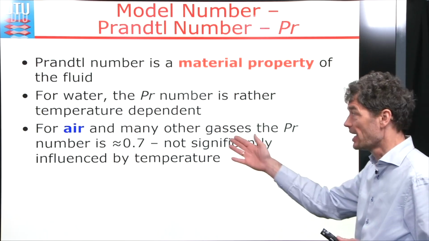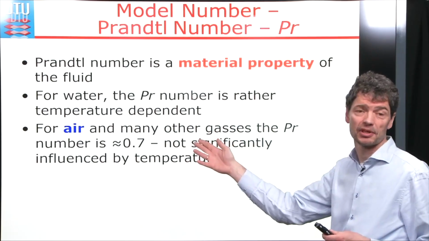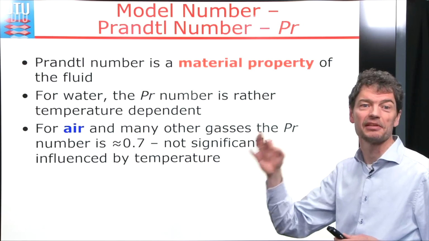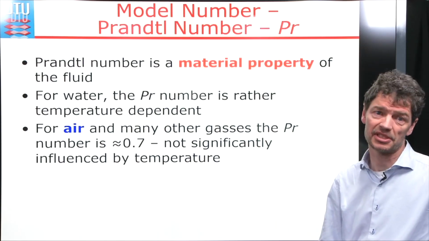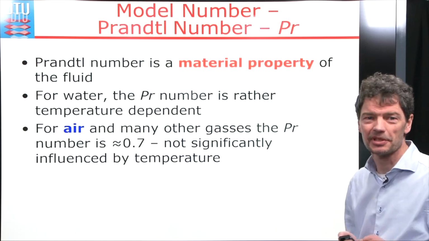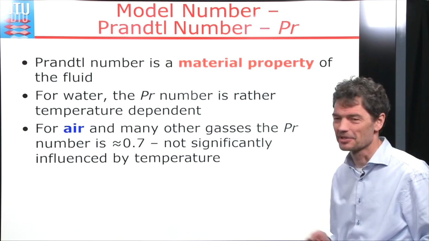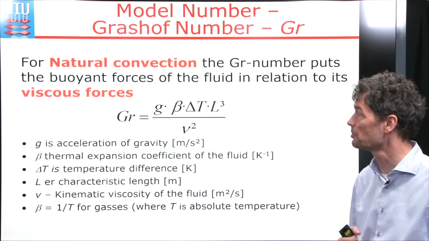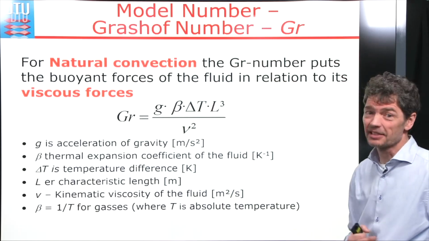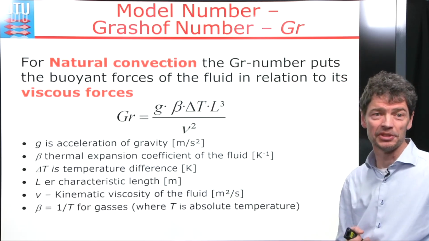Opposite it is for many gases, actually for air, but also for most other gases. The Prandtl number is very close to 0.7 and almost not temperature dependent. So it varies a little bit, and whether you should consider that the Prandtl number varies with temperature depends on the case.